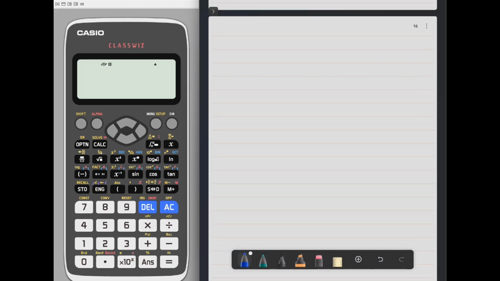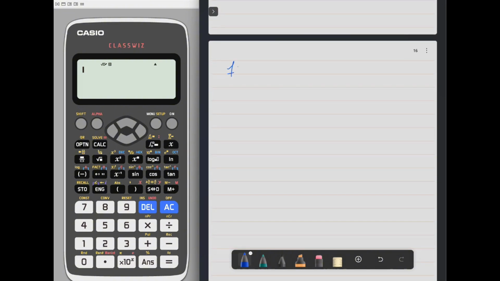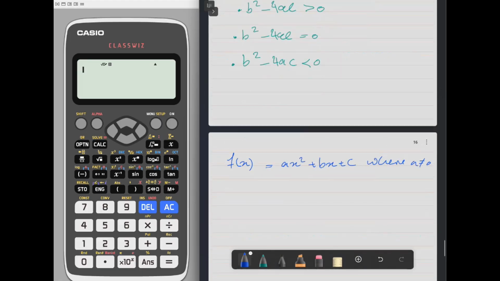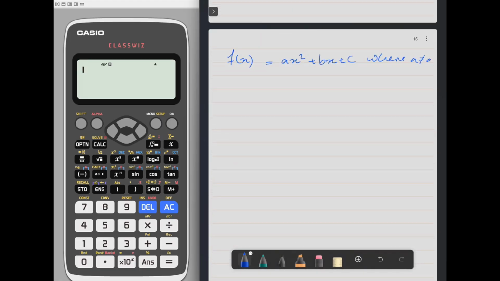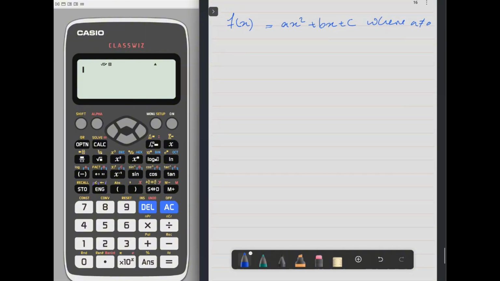Okay guys, first of all, let me define a function f of x, which is equal to ax squared plus bx plus c, where a is not equal to 0. So in this function that I have defined, how am I gonna deal with the discriminant? So guys, can you remember the roots of a quadratic?